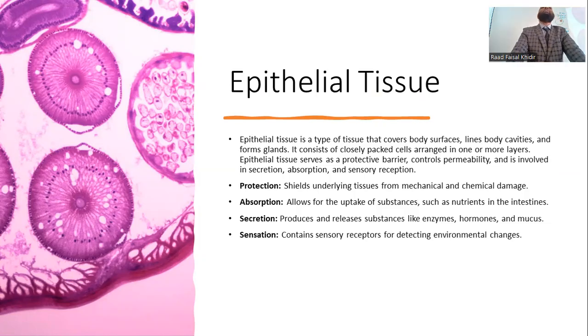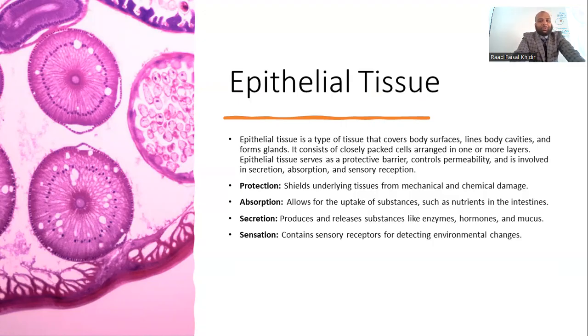Your pancreas secretes hormones, insulin, glucagon into the blood. That's a secretion. It secretes digestive enzymes like trypsin and chymotrypsin into a duct inside the intestine to help the digestion and breakdown of food, to enable you to absorb it into your blood. So that is all epithelial tissue.